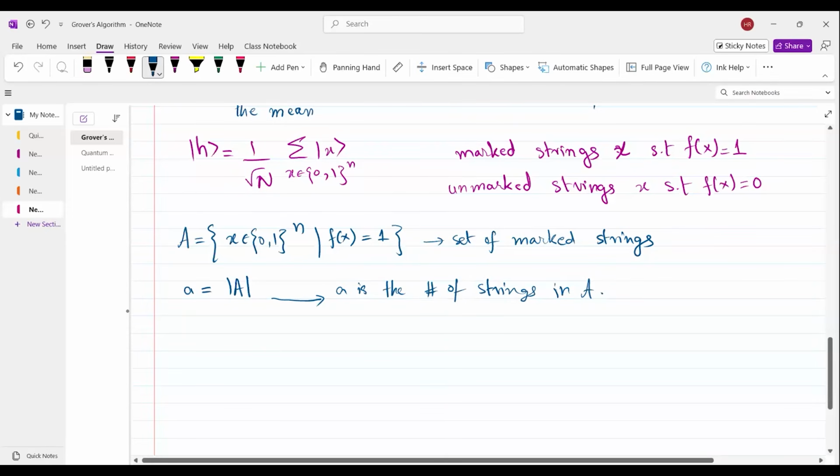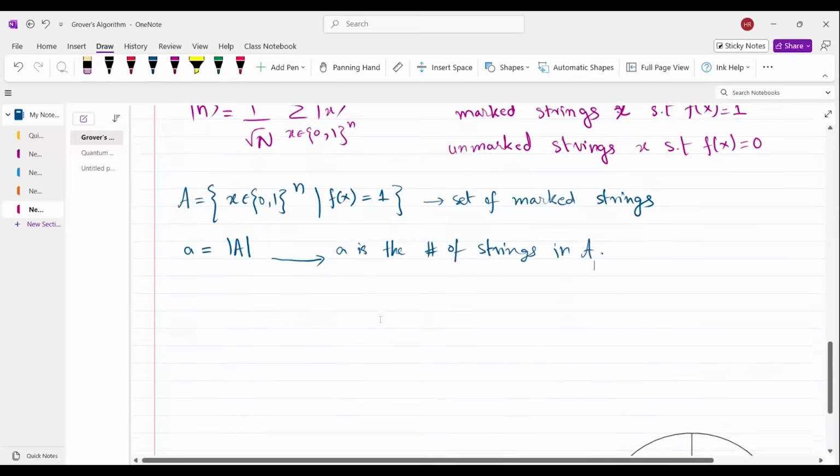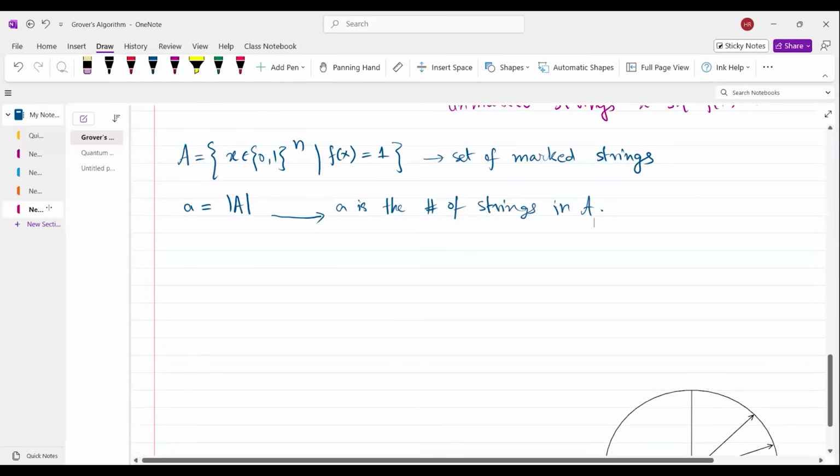In a similar fashion, we define another set B, and this will contain all those strings which the function maps onto zero. So f of x is equal to 0.